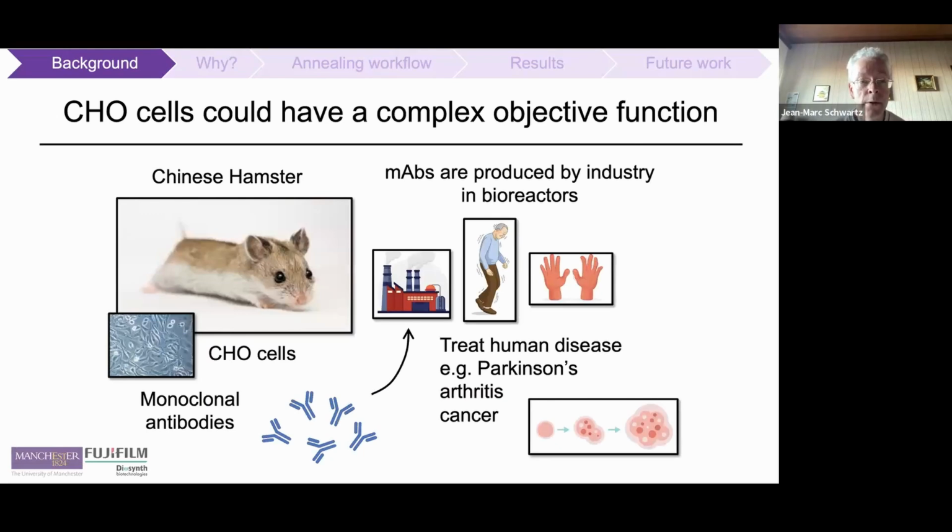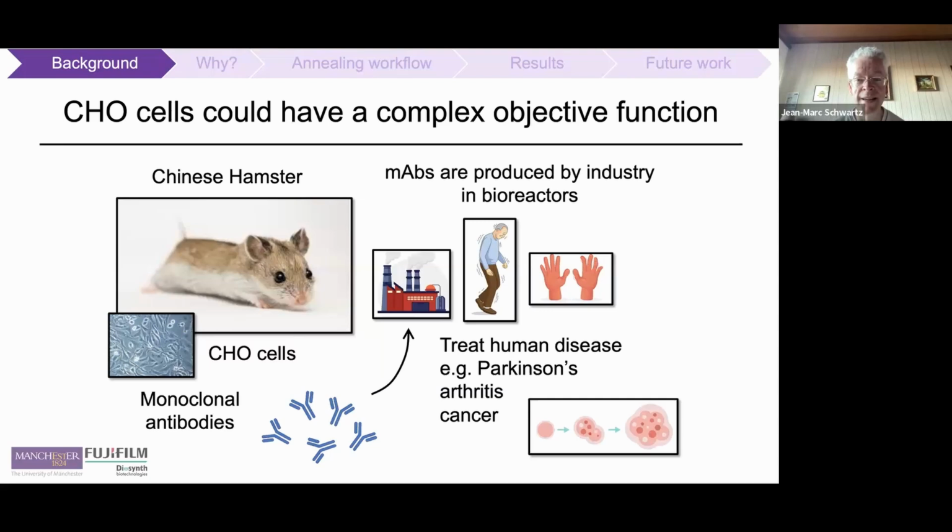Just to locate the context of this project, we developed this work as part of a larger project, which was financed in part by Fujifilm, and which deals with Chinese hamster ovary cells. Essentially, they are using CHO cells in an industrial context in order to produce monoclonal antibodies, and they are of course interested in maximizing the production and the quality of the antibodies that are produced.